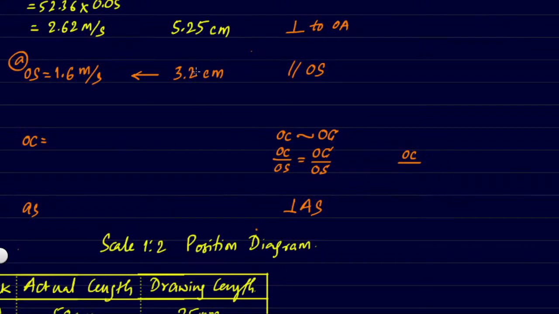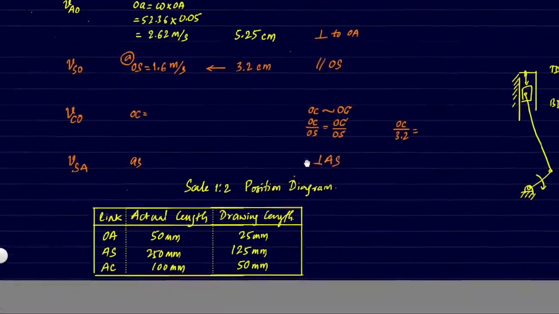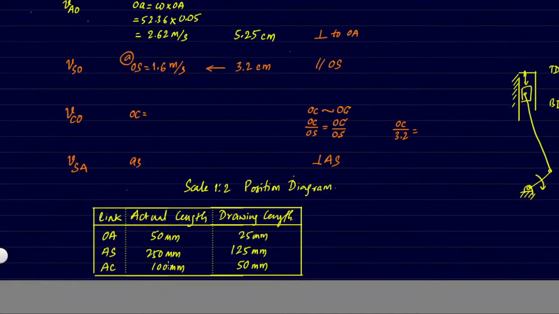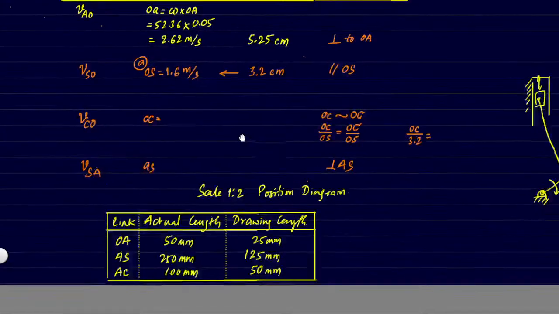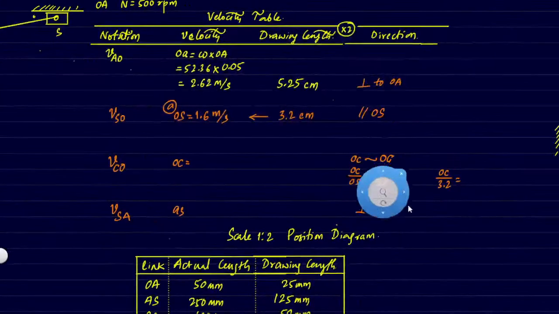So let us substitute. This should be equal to capital OC. Sorry, not OC, this is C with respect to O. OC is the length we need to find, but for finding the OC length we will have to be careful.